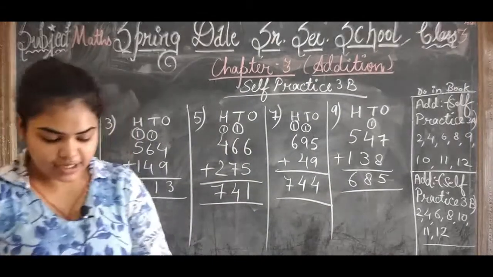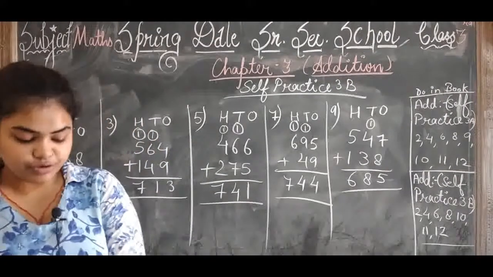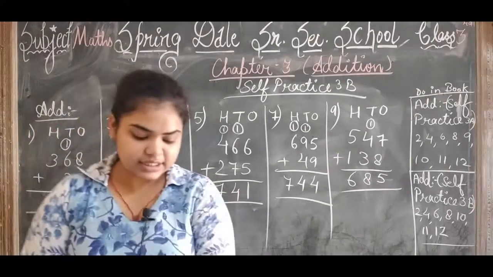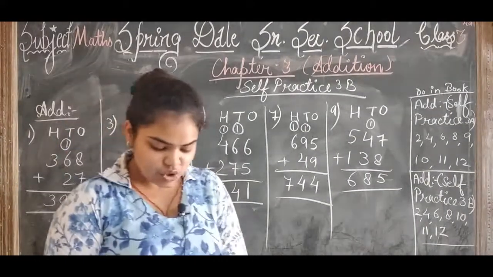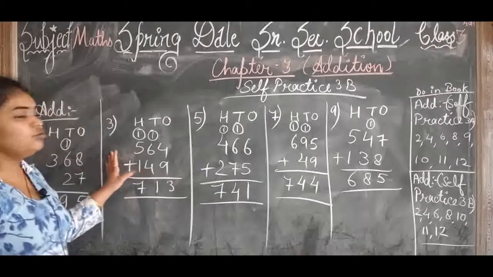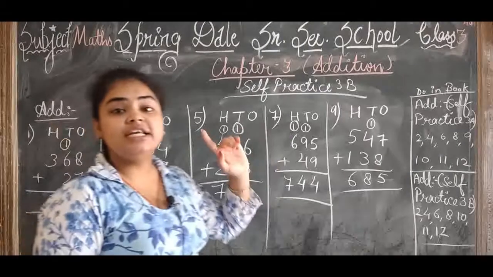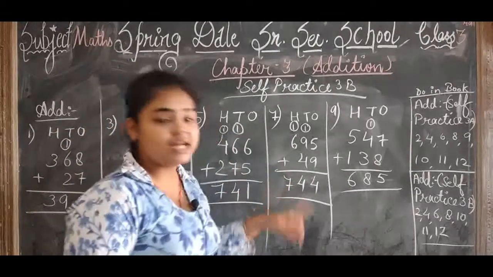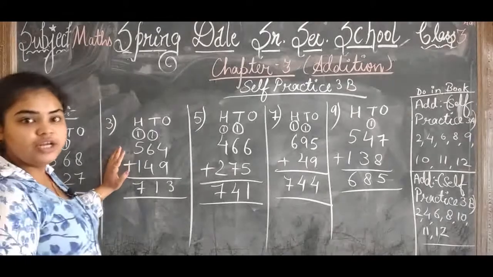Okay children. Now what we have just learned is how to add 3-digit numbers with carrying and without carrying. Okay children. So I hope this much is clear to everyone. You have to do the homework in your textbook. आपको आपका homework book में करना है and you have to write the answers of the questions which I have given to you in your book.